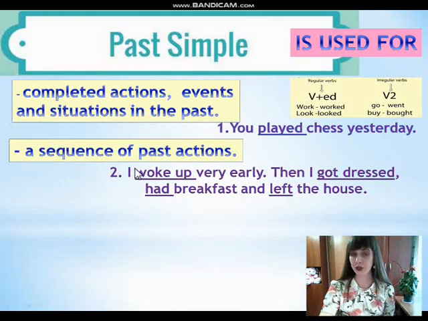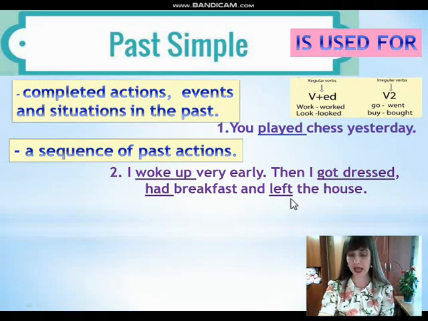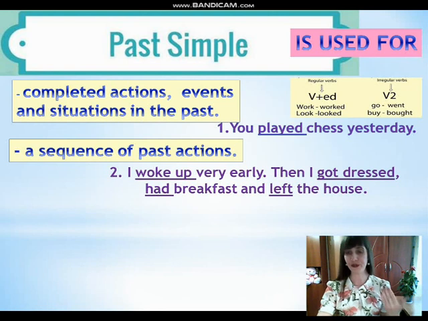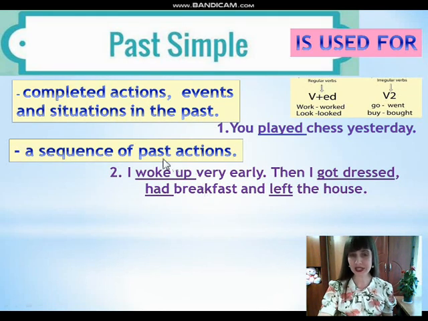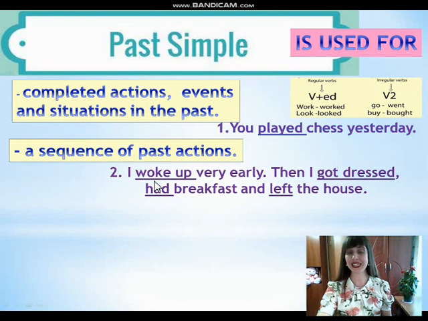Let's have a look at the verbs woke up, got, had, and left. And now I have a question for you. What type of verb do we have in this second example? Let's try to remember some information, and let's have a look at this table. You see, go, went, buy, bought. To remember the name of these verbs, we can say that these are irregular verbs, right?